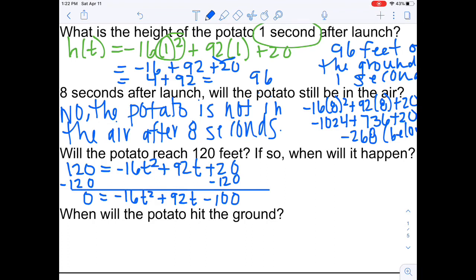16 divided by 4 gives me 0 equals negative 4t squared, 92 divided by 4 is 23, plus 23t, and 100 divided by 4 is negative 25.